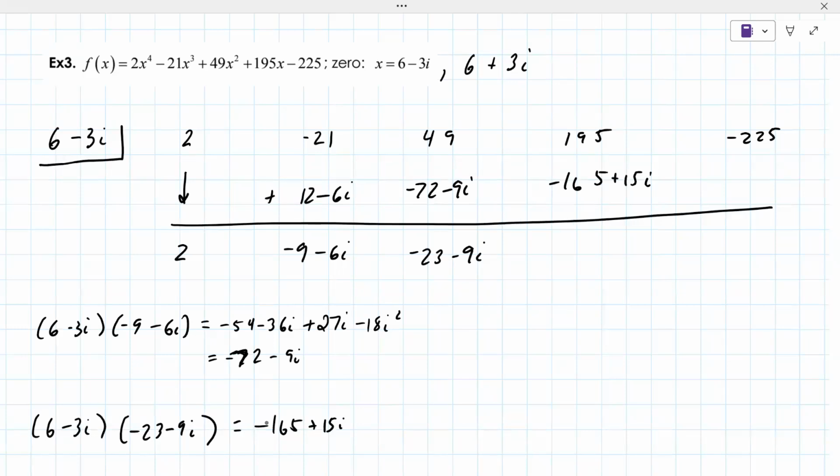And it's good to get into the habit, you might want to always write it in this a plus bi form. So 30 plus 15i. And so you've got to again do it one more time here. 6 minus 3i times 30 plus 15i.